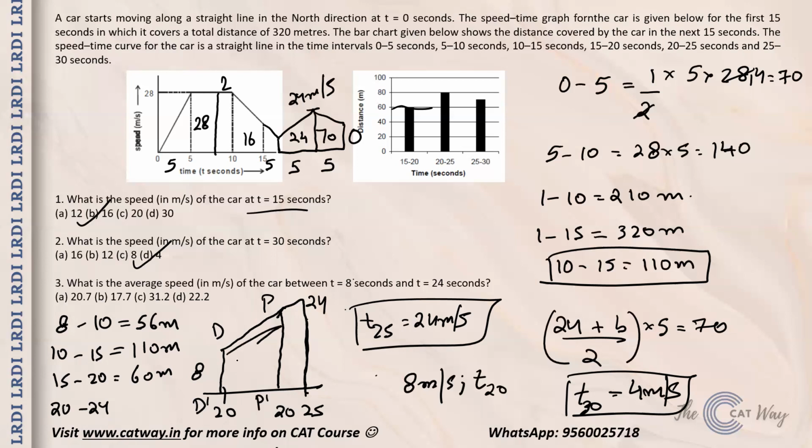So let's say this is what we have. Now what we have to find is the area between this, right? Now guys, what we know is that from here coming up till here, there was a rise of 16 meters per second.